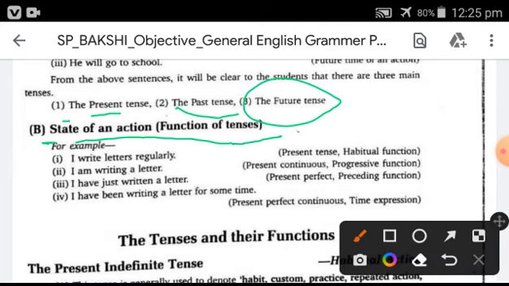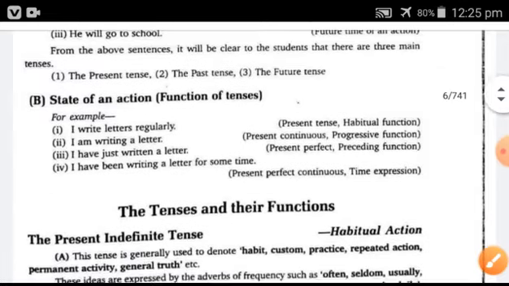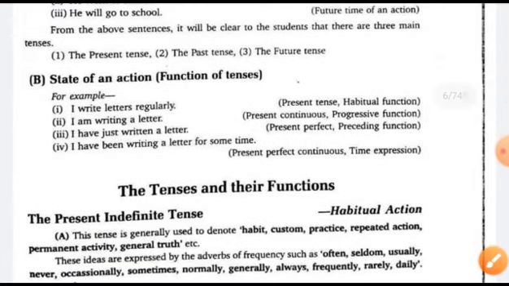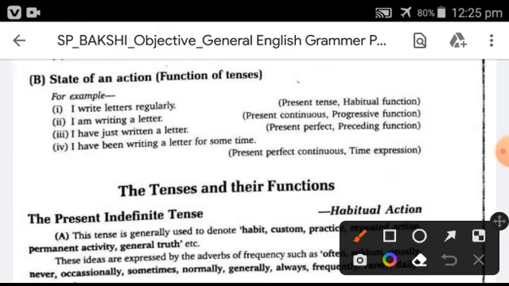State of an action means, let us clear it with some amazing examples which are written for you.